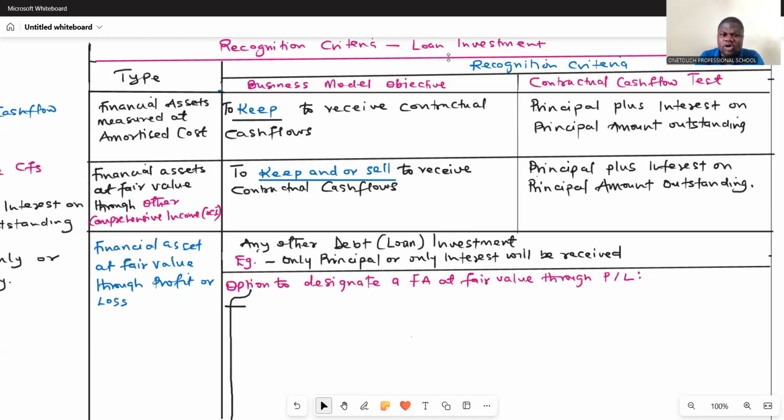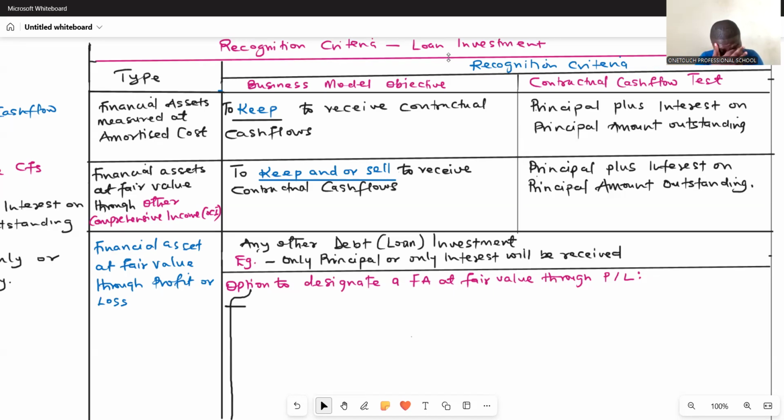Right. No, I heard financial asset at fair value through OCI. You're talking of other comprehensive income. No, we are talking of financial asset at fair value through profit or loss. Oh, okay. That is the one that we have the option to designate at fair value through P&L. But wait, maybe I don't really understand.